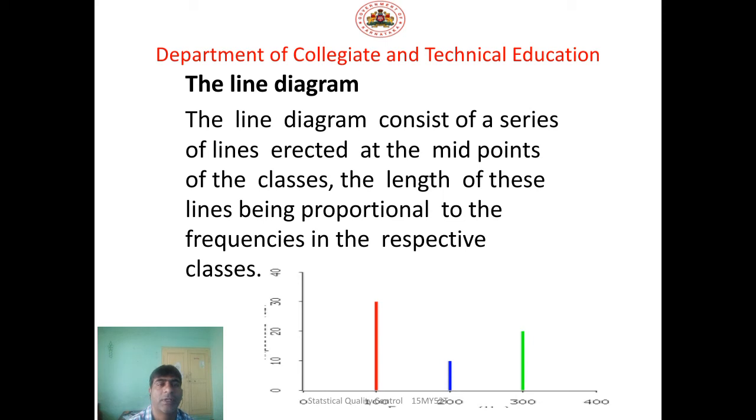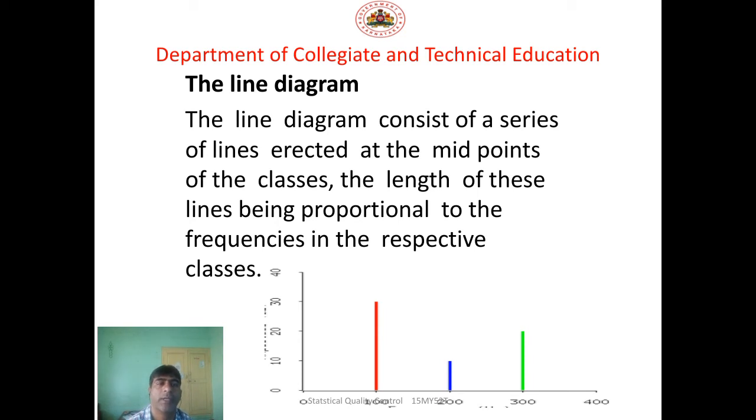The midpoint I have taken for the first class is 100, for the second class it is 200, for the third class it is 300, and so on. The frequency I have taken on the y-axis: the frequencies are 10, 20, 30, 40 at a scale of 10. You should indicate the scale on the graph also.